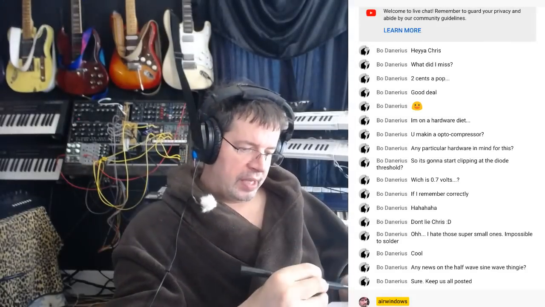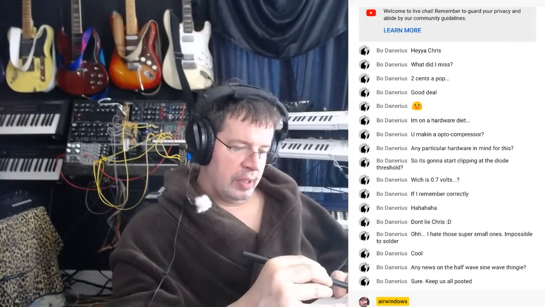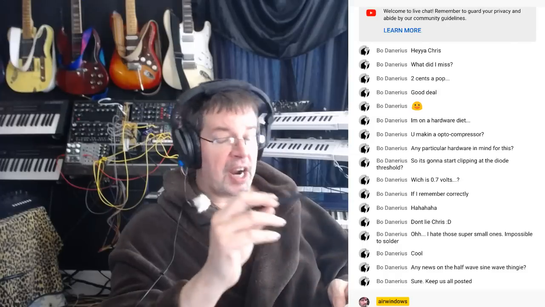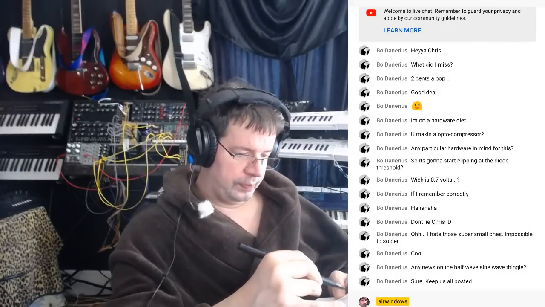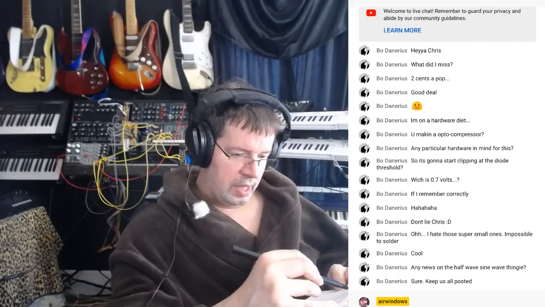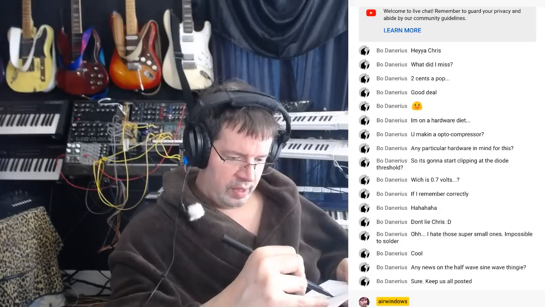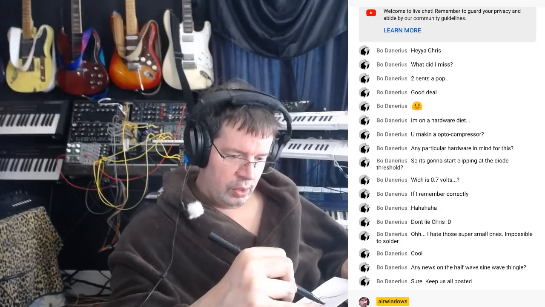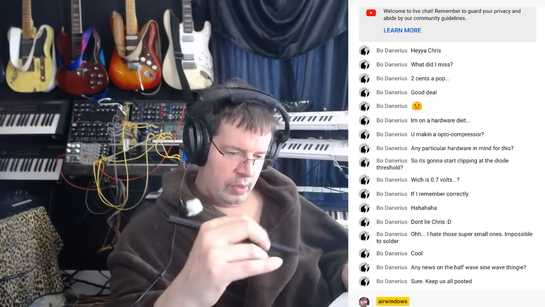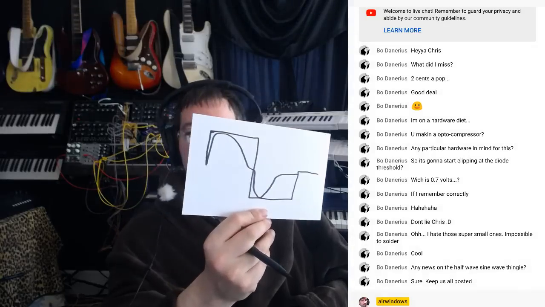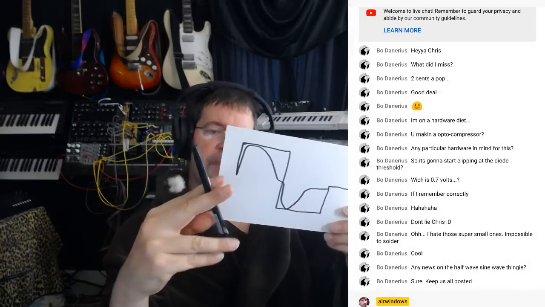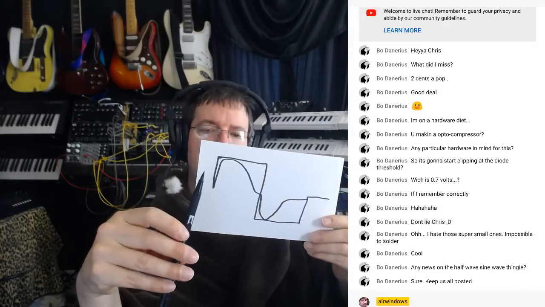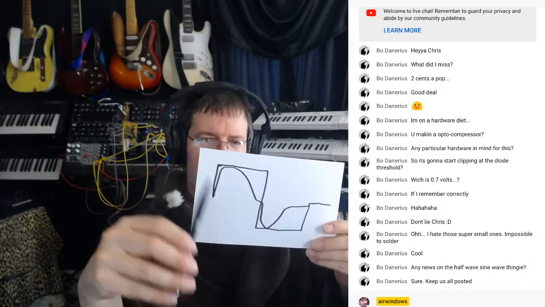But then if you patch the square wave into a transformer, and it was like a tiny little transformer, you're going to get a really weird sort of shape. Now, that's going to be just like a really weird, weak, lame square wave.